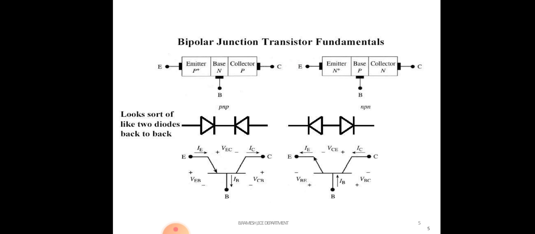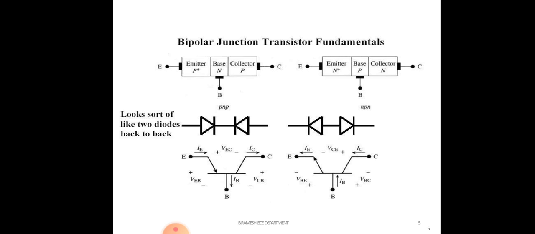Okay, so this is the internal structure of the transistor, bipolar junction transistor fundamentals, you can say. By seeing this internal structure figure, for the PNP transistor, P plus represents a heavily doped region.